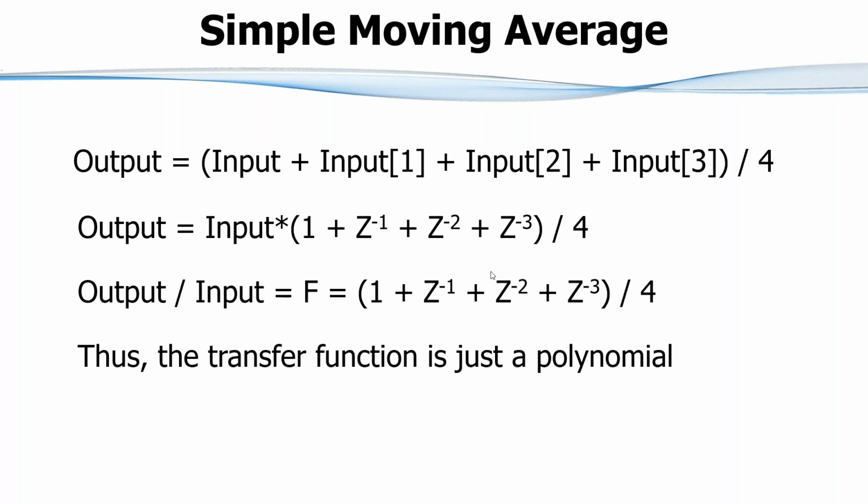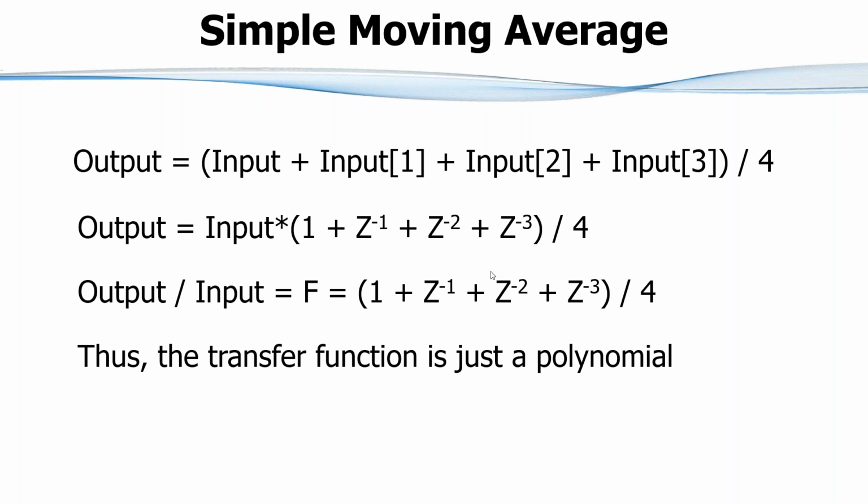If, instead of writing it as code, I let the notation z to the -1 stand for 1 bar of delay, I can say that the output is equal to the input times the quantity 1 plus z to the -1 plus z to the -2 plus z to the -3, the whole quantity divided by 4.